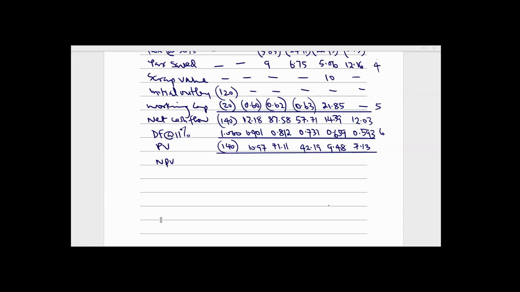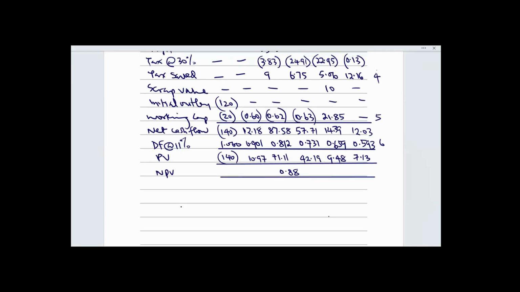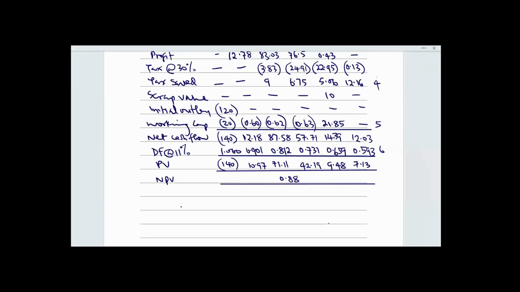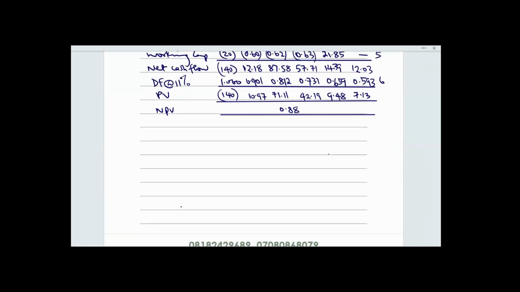It's supposed to be 0.94 or 0.93, but again, maybe when you do it on your own, you can go through it together. Yeah, I got the same thing, 0.88. So this is the NPV, all right?